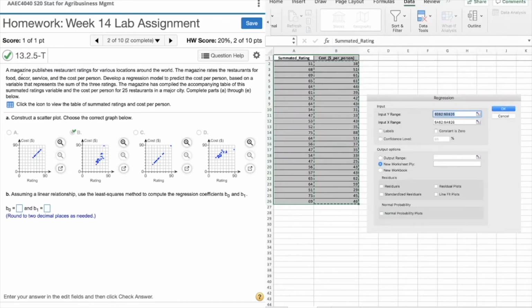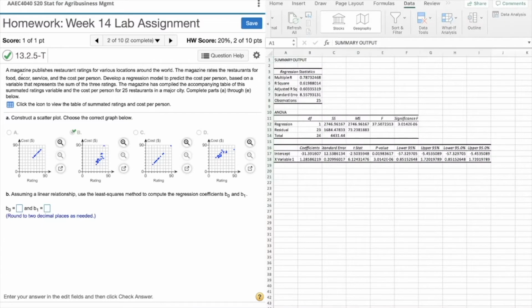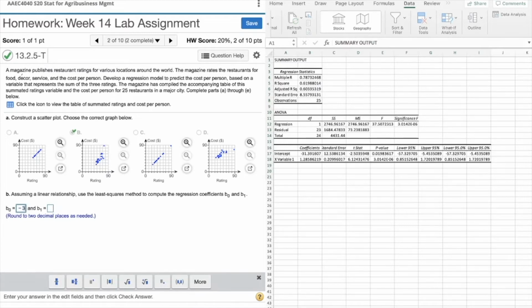We just check it. Okay, so we get the regression results. B0 is equal to negative 31.39 and B1 is approximately equal to 1.29.